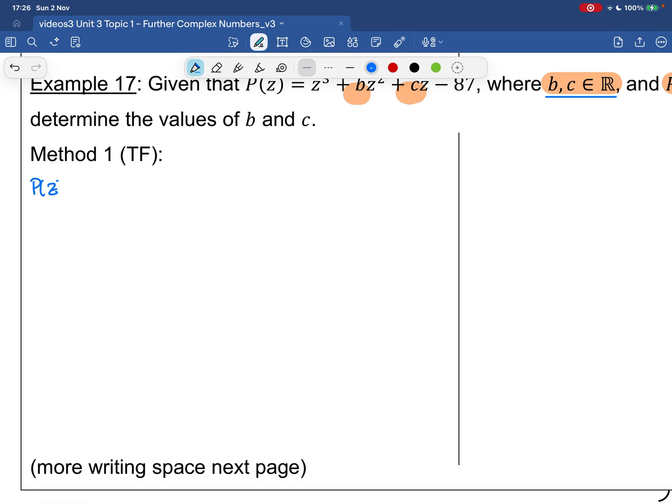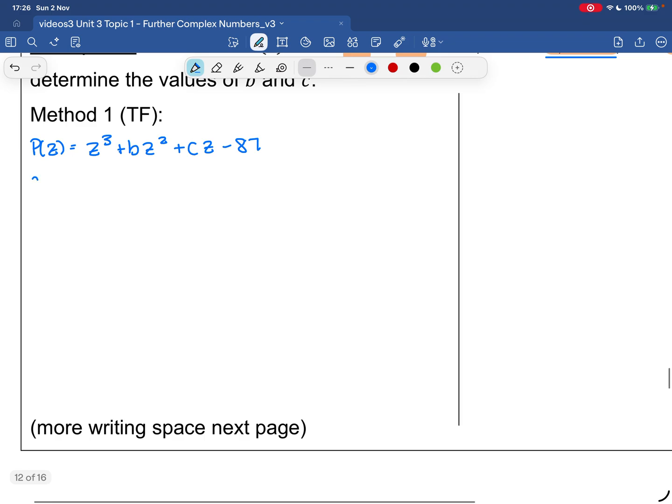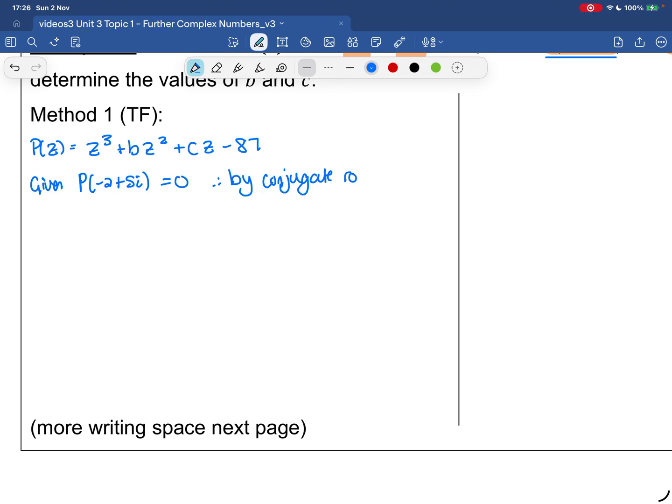All right, so I have got that P of z is z cubed plus bz squared plus cz minus 87. And I've also been given that P of negative 2 plus 5i is equal to 0. And I could therefore say by the conjugate root theorem that P of negative 2 minus 5i is equal to 0 as well.